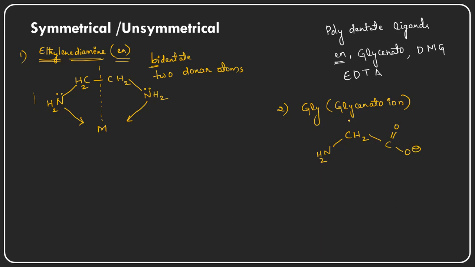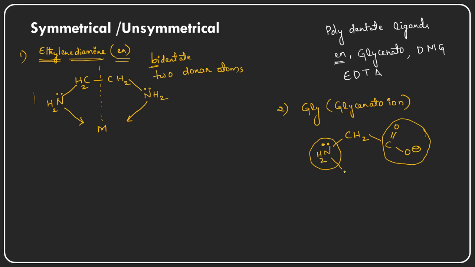Here this particular molecule has two groups, one is the NH2 and another one is the carboxylate ion. This nitrogen is carrying a lone pair of electrons and here oxygen is carrying a negative charge.